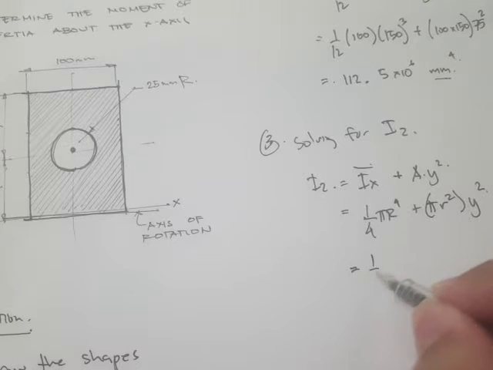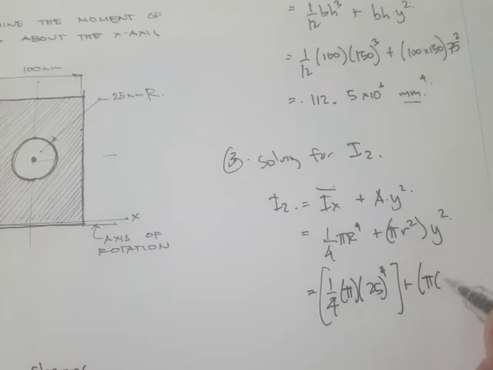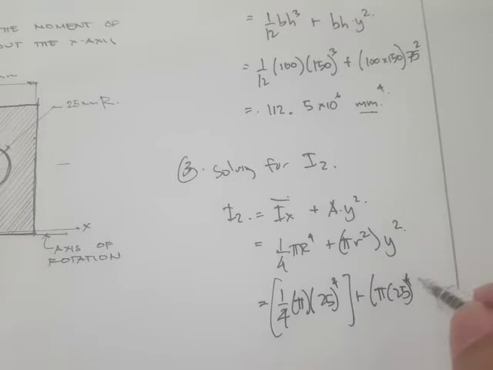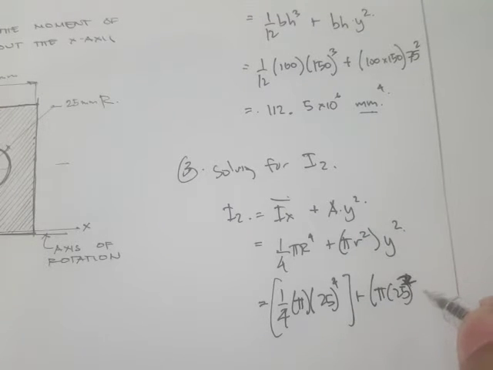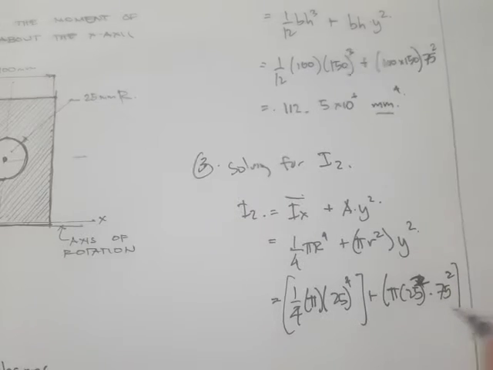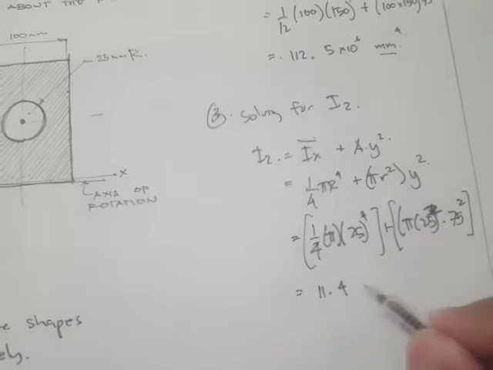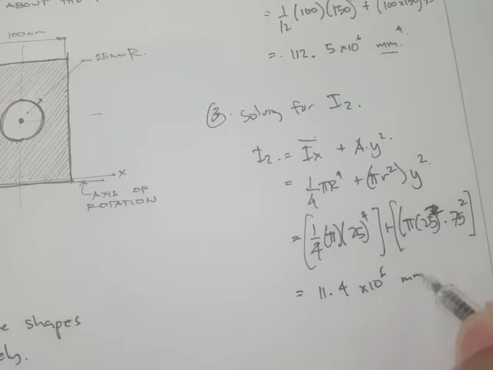So 1 over 4 times pi times 25 mm to the fourth, plus pi times 25 squared, times the y, which is 75 squared. What you get is 11.4 times 10 to the 6 mm to the fourth.